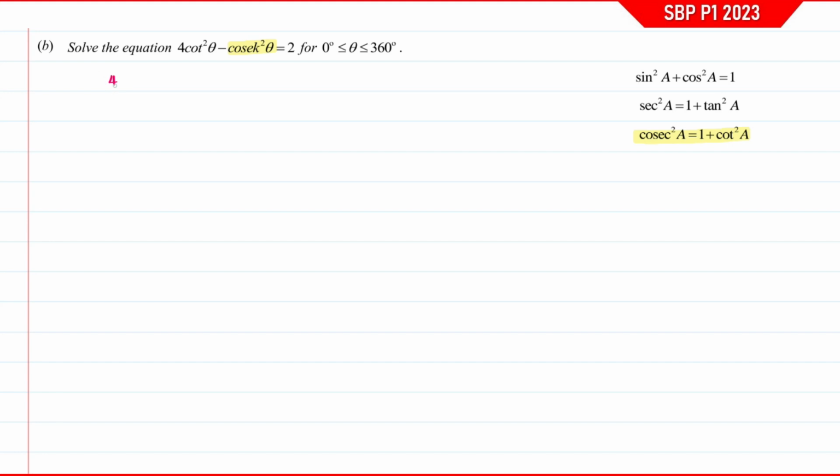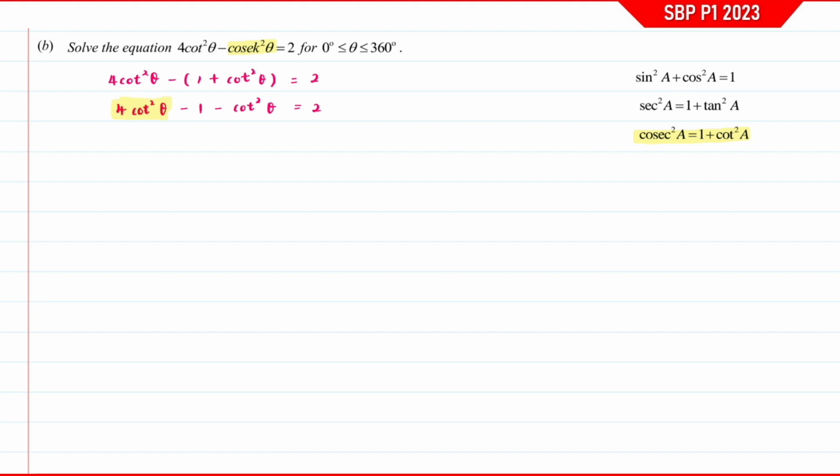Then the equation will be 4 cotangent square theta minus bracket 1 plus cotangent square theta, this is equal to 2. So 4 cotangent square theta minus 1 minus cotangent square theta, this is equal to 2.